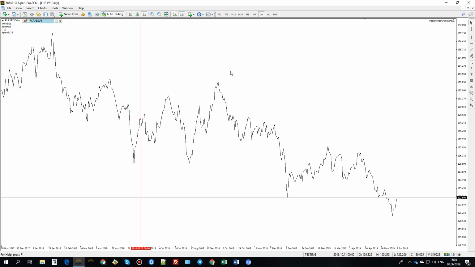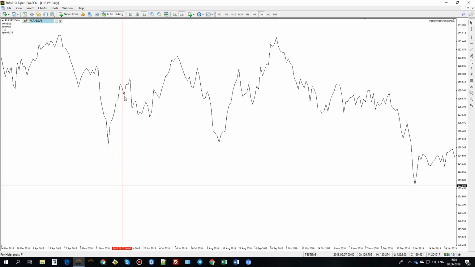I like the word minor swing, and a minor swing is actually a straight movement on the line chart, a straight movement without turning to the downside. This one is not turning to the downside and continues to the upside.